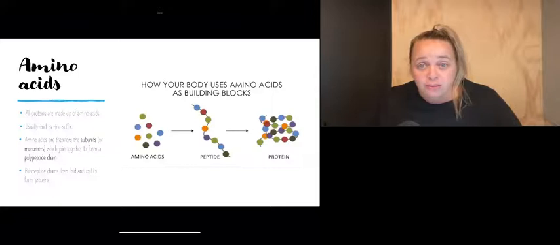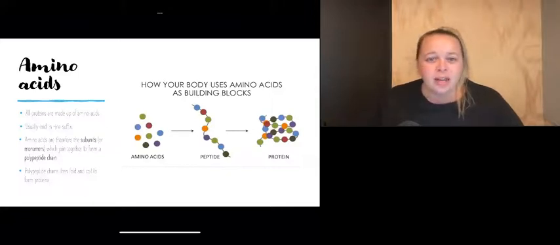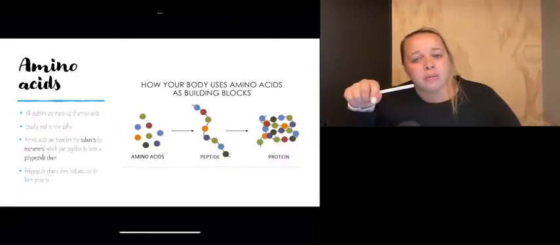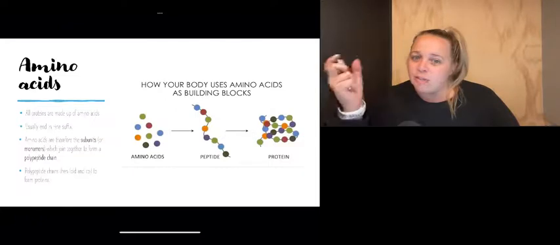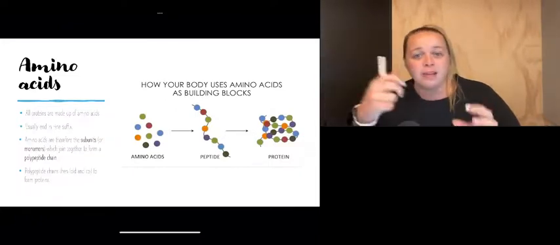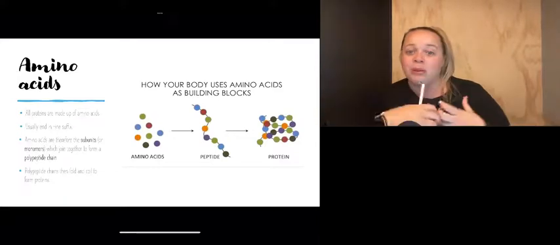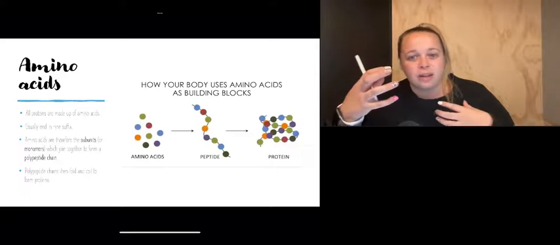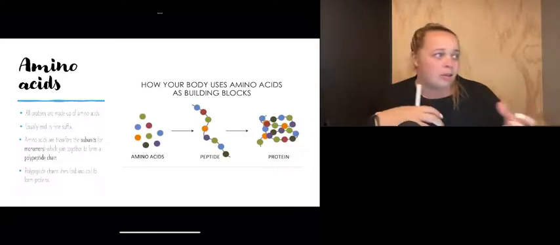You can have different shapes and different colors, but they all have things in common. They all have spikes on one side, like the little bumps, and they all have a hole on the bottom. Amino acids are the same. They share similar features, but they can be a little bit different. Depending on what order you put them together, that decides what protein you build. So Lego is a really useful analogy to think about how we build proteins.